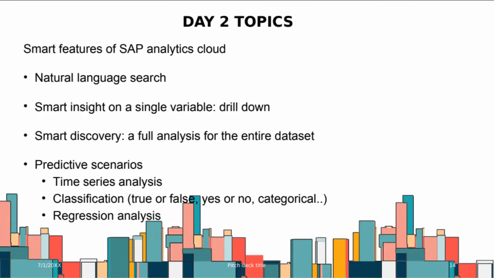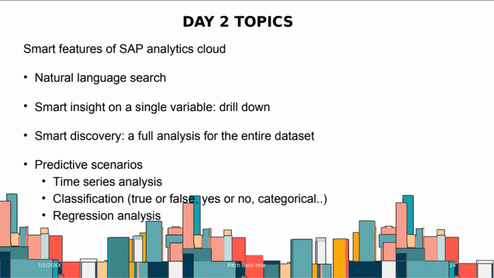We can also do smart discovery, which means SAC gives you a full recommended analysis for your entire data set. It's very impressive. Initially, if you got some data set you're not very familiar with, you don't really know where to get started or how to relate the variables together.